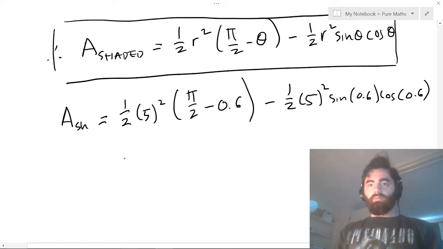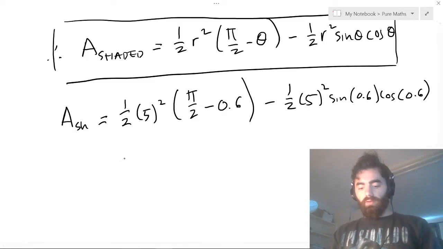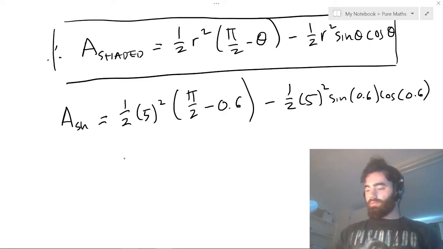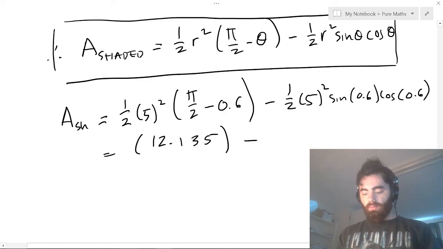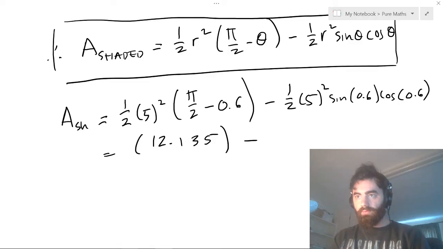If you plug that all in, 5 squared divided by 2 times 12.5 gives 12.135, minus 25 divided by 2 times sine of 0.6 times cos of 0.6.